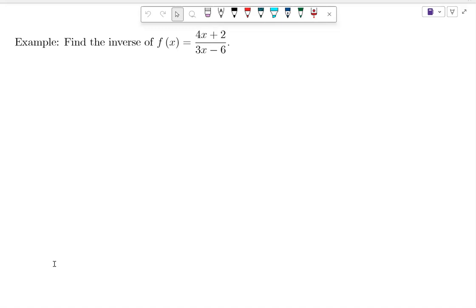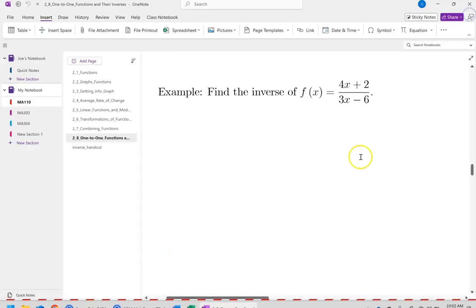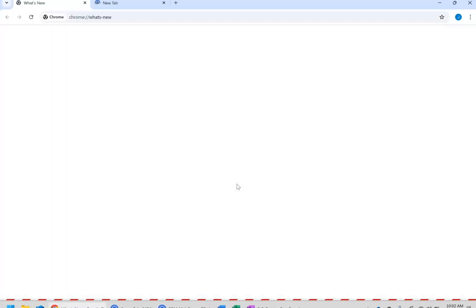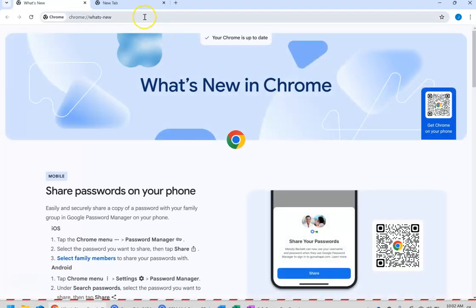Well, if I wanted to check that it's one-to-one before I even start, I would need to get a graph of it. Now, if you don't have a graphing calculator, there's a nice program online. You may be familiar with it, but I want to go ahead and show it to you anyway, in case you're not, because it's a nice graphing calculator application.